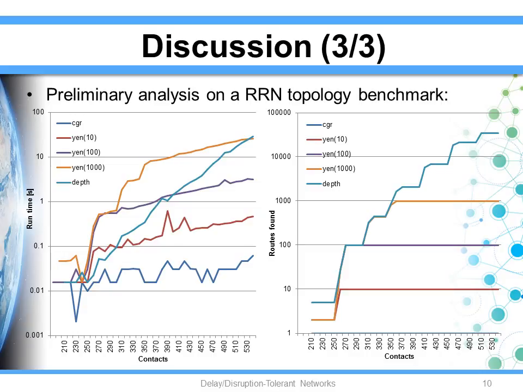So, this is just a general discussion. This is a preliminary analysis we're making, and I think it has technological implications for whether we choose to find all routes or some of them in a contact graph for scalable boundary routing.